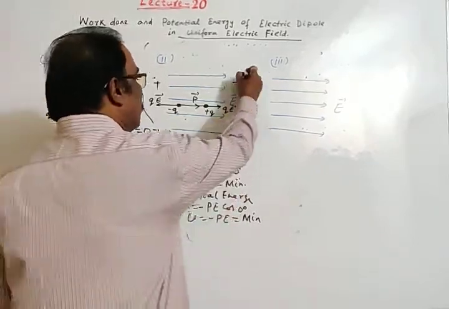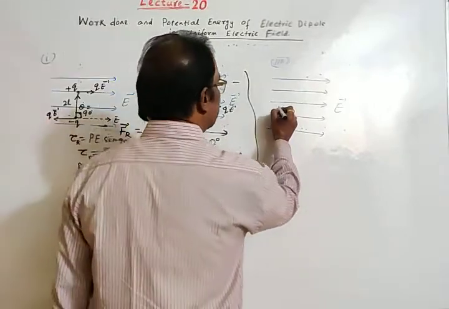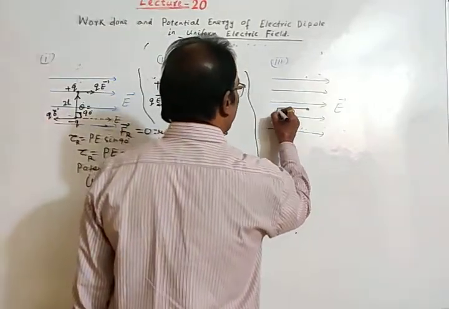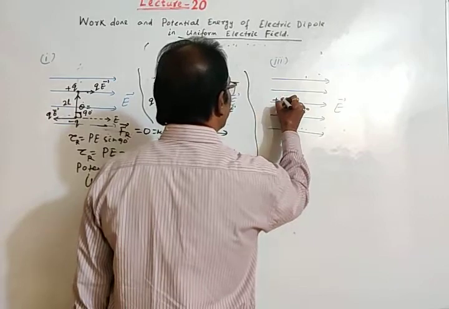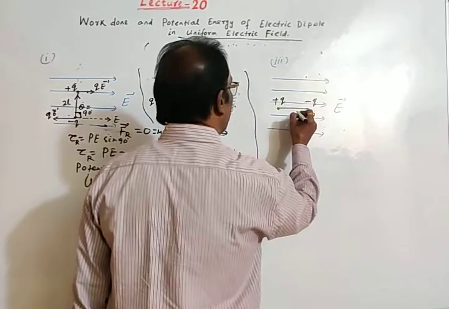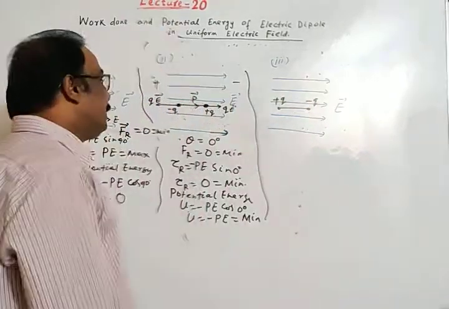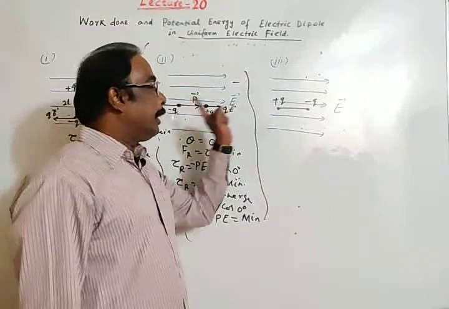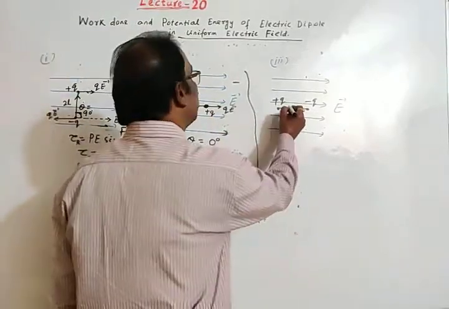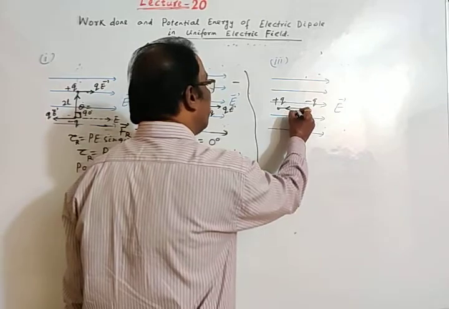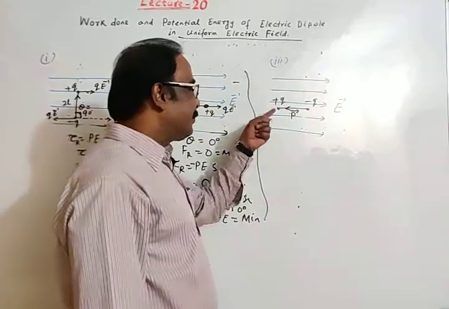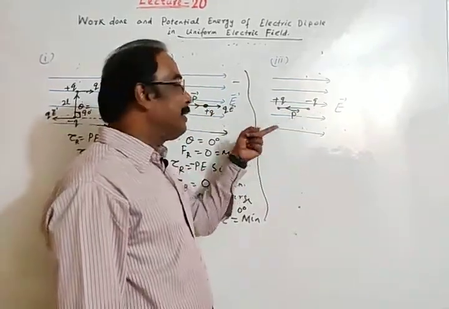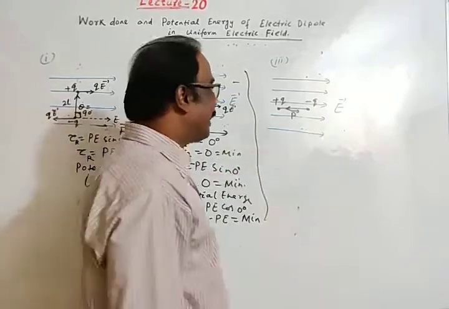Then the third case. Let's consider a dipole. This is plus Q and this is minus Q. So here the direction of dipole moment is from minus Q to plus Q, opposite to the direction of electric field.